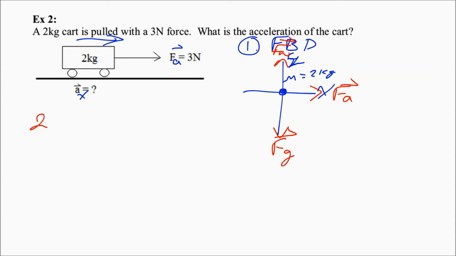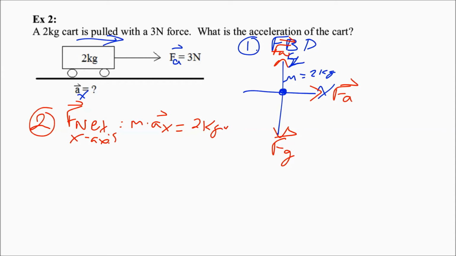So step 2 is going to be to write our Fnet statements. So we're going to say Fnet in the x-axis, because that's the one we care about, is equal to mass times the acceleration in the x-axis. We've got the mass is 2 kilograms, and we're trying to find the acceleration in the x-axis.